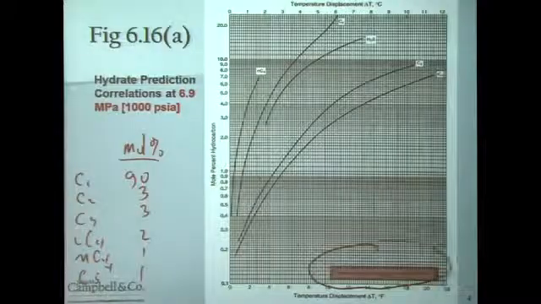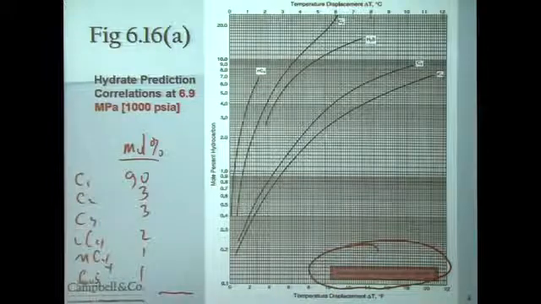What we can do, given this composition and given this pressure of 69 bar, is figure out the hydrate formation temperature at this particular pressure. It all starts with the methane hydrate formation temperature. This is called a temperature displacement method. At each pressure, you will see a different value for the methane hydrate formation temperature. So let's start, because we're dealing with 69 bar and we want to determine the hydrate formation temperature of this mixture. We will start by filling in the table.